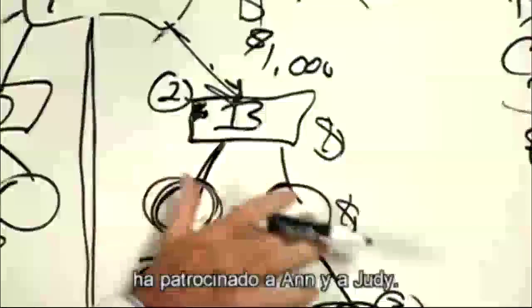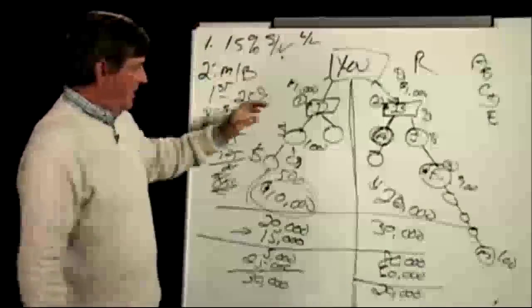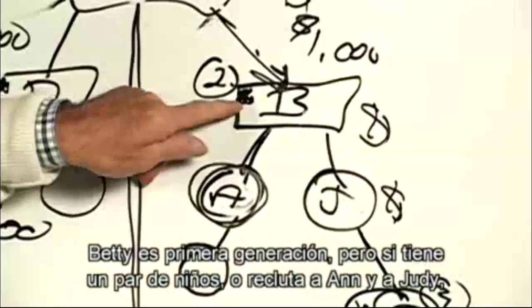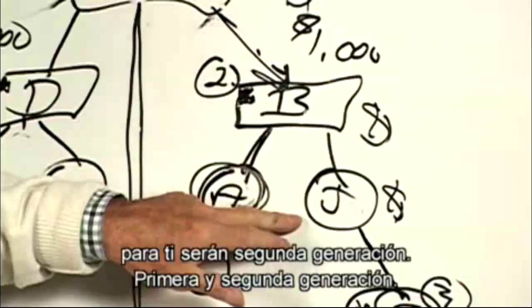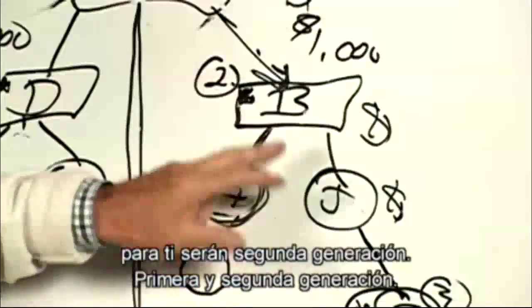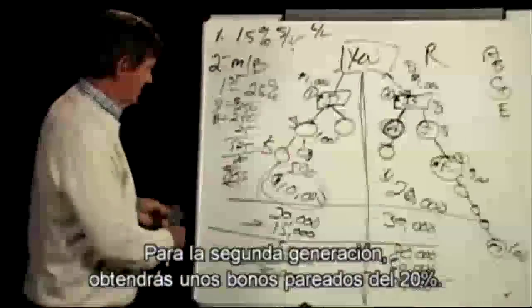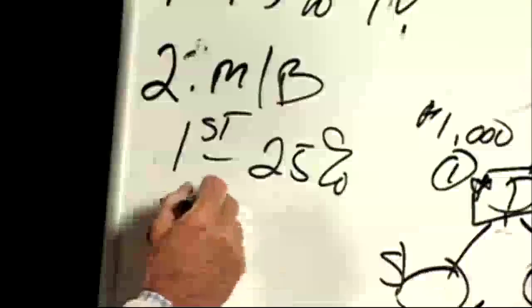She sponsored Ann, and she sponsored Judy, okay? Just like a family, first generation is Betty. Well, when Betty has a couple of children or recruits Ann and Judy, that's second generation to you, right? First generation, second generation. Well, you get matching bonuses on second generation of 20%.